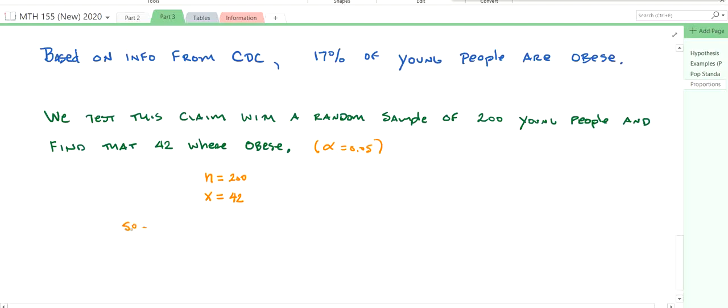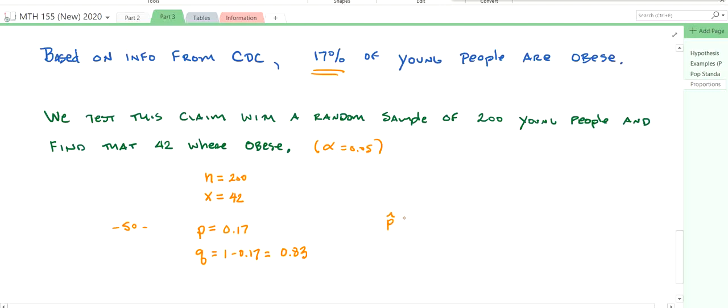All right, so just with that information alone, I can look up here and I can see that our population, P, is 0.17. So I pulled that from here, which means that Q equals 1 minus 0.17 equals 0.83. Okay, that was our population.